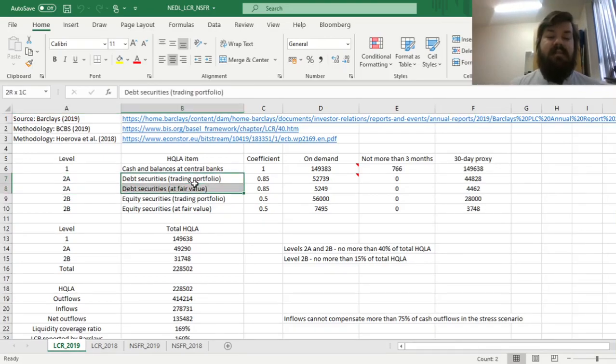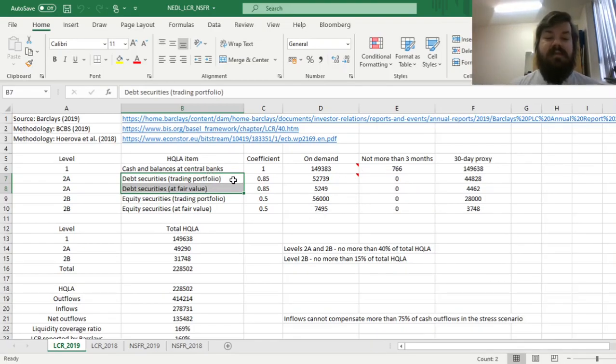And these can be extracted from the trading portfolio and financial securities held at fair value sections of disclosure. Those come in Barclays from the section Assets and Liabilities Held at Fair Value, where they report the breakdown of their trading portfolio and the breakdown of their accounting for financial assets and liabilities held at fair value.